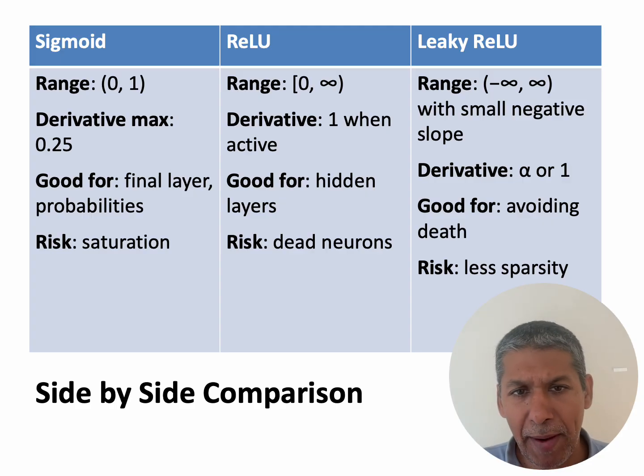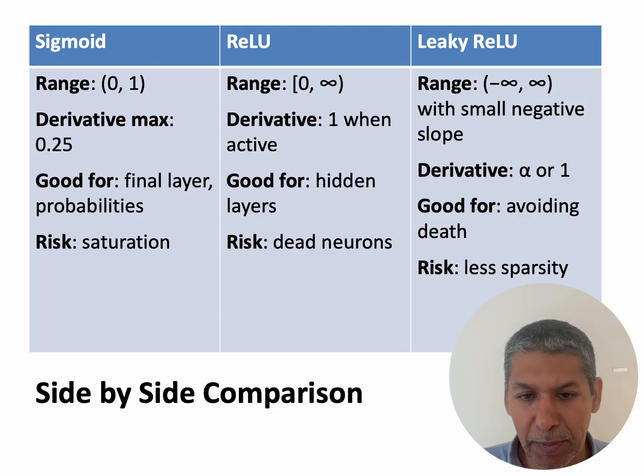So here's your quick comparison. Sigmoid, the earlier function: sigma of x equals e^x divided by 1 plus e^x. ReLU, which is just x if x is positive, otherwise 0. And leaky ReLU, which is like ReLU, but for the negative values it multiplies by 0.01, so the slope becomes a little bit less.